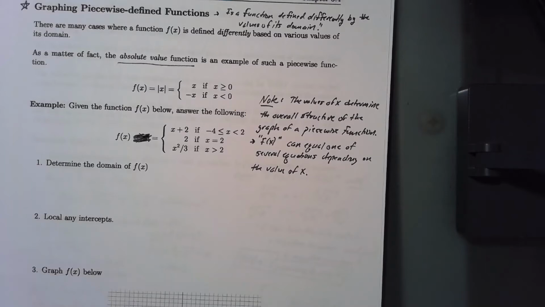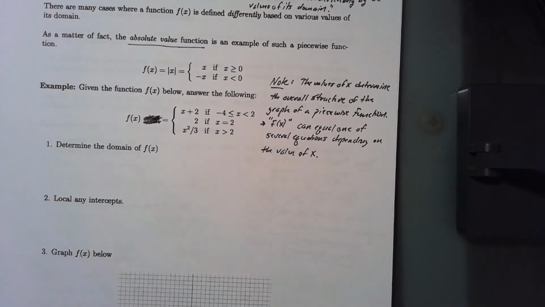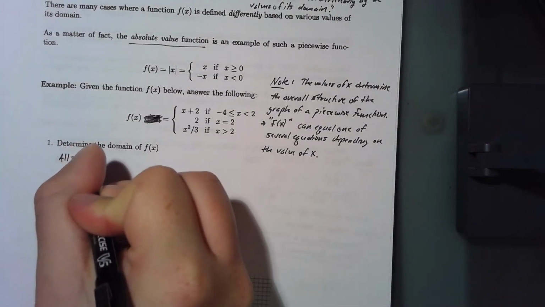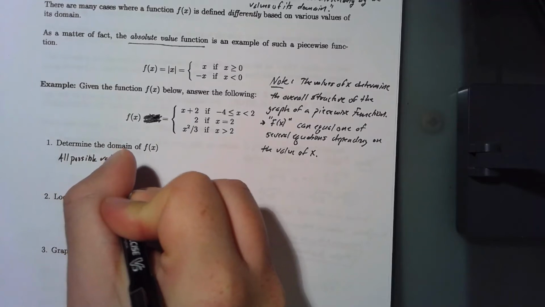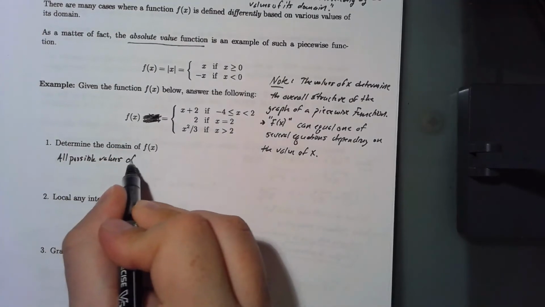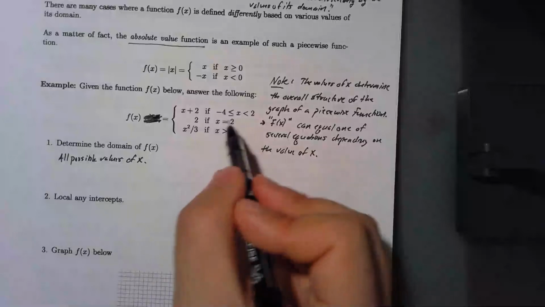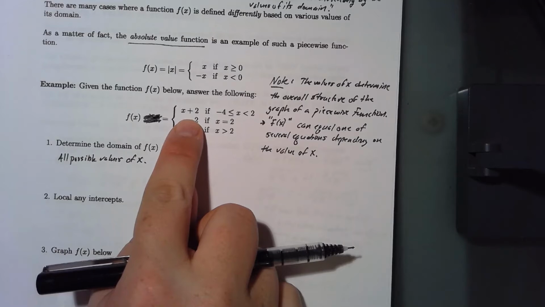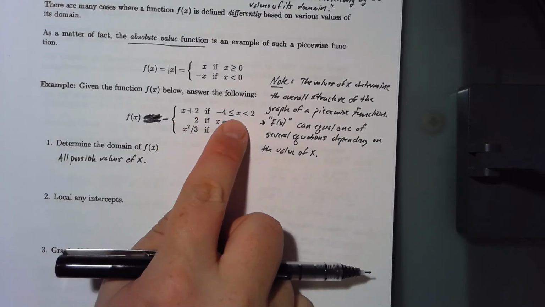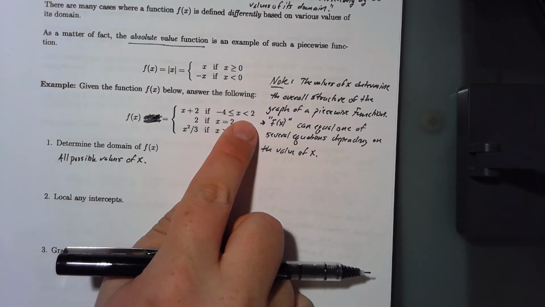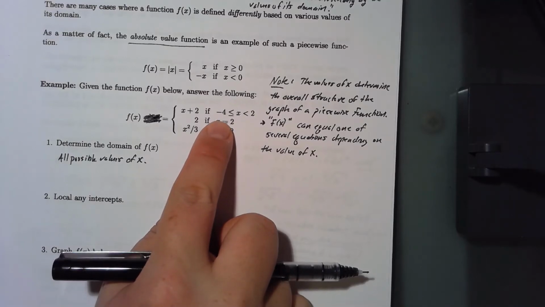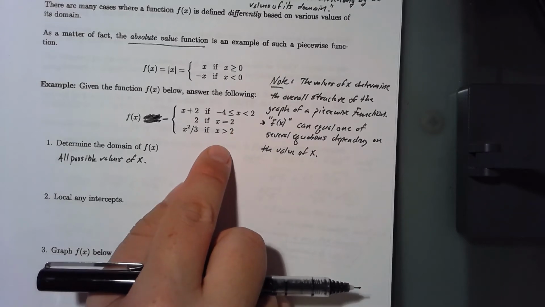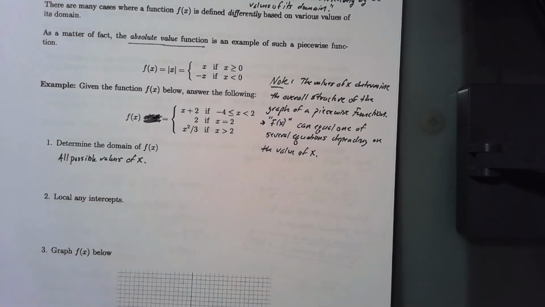So when it comes to finding the domain of f of x, you're just looking at all possible values of x. So look at f of x equals x plus 2 if x is between -4 and -2, including -4. Really I'm looking at all the different values of x and combining them together into one domain.